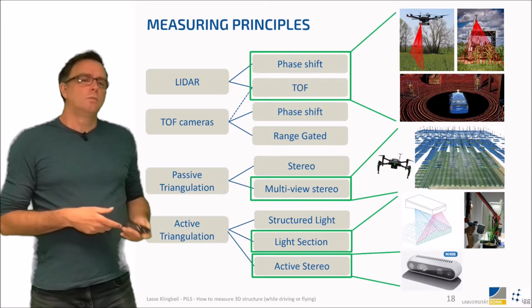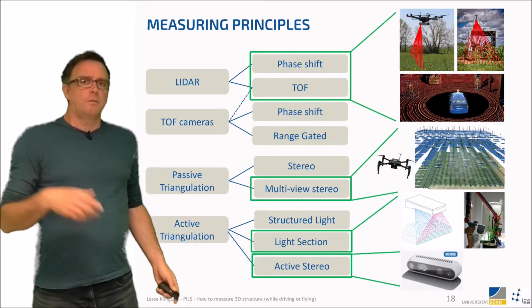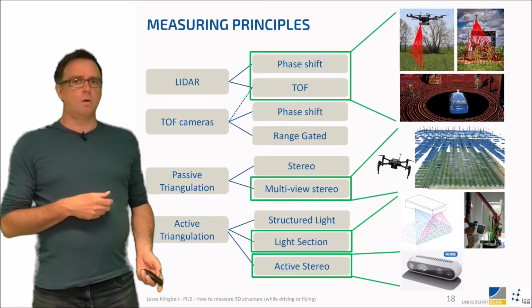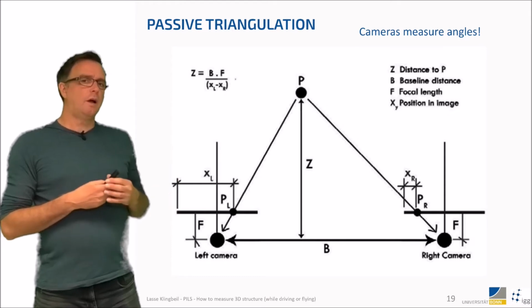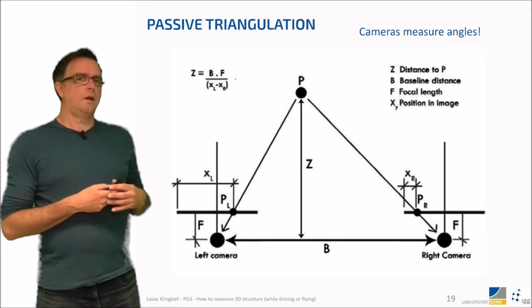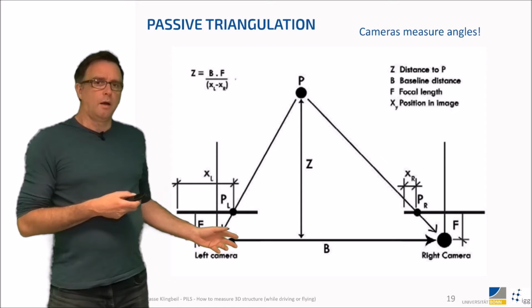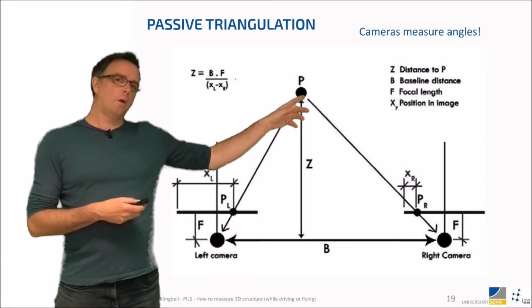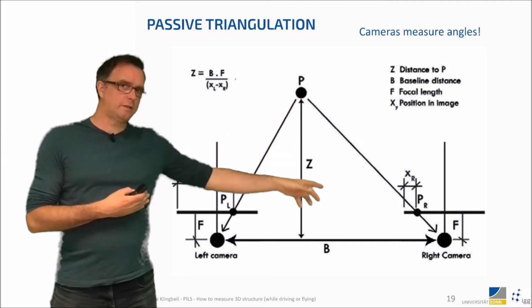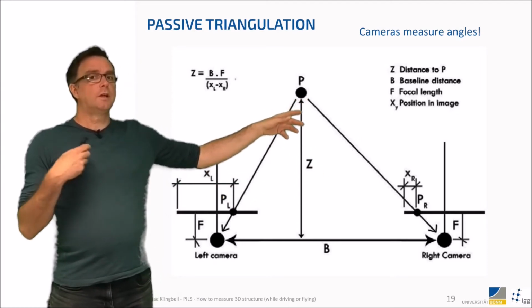Okay, so these are time-of-flight based methods, and now I want to talk about the triangulation based methods. Passive triangulation is where we observe, as I said in the beginning, one object point that I want to measure the distance to from two different angles.